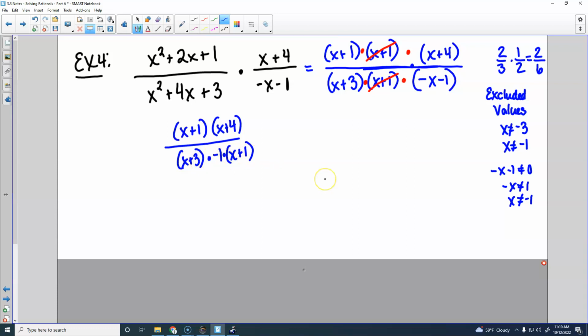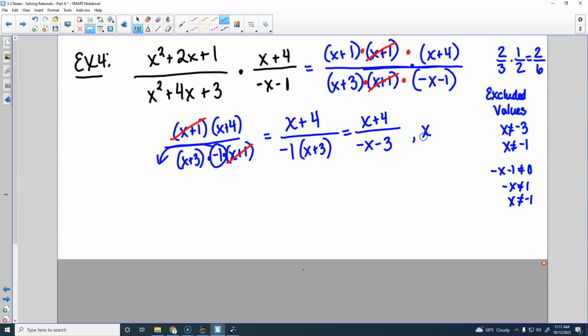Everything's multiplied. So, in fact, a lot of times we'll write this negative 1 out front when we factor it. So everything is multiplied, so I can cancel my x plus 1s, which means that I will get x plus 4 over negative 1 times x plus 3, or you might see them distribute that negative 1, negative x minus 3.